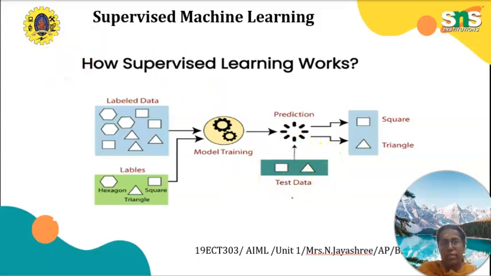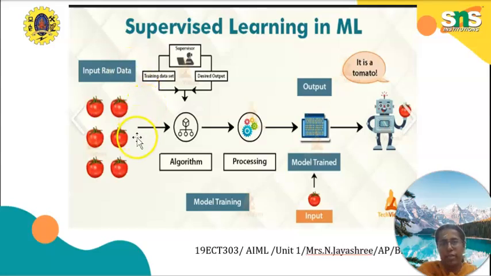Now let us see a single input. For example, if we take the raw data, let us take a tomato as the example of the raw data. The elements are the supervised training data set, desired output, algorithm processing, model training, and input. The raw data is the tomato, and the training data set and desired output act as the supervisor.